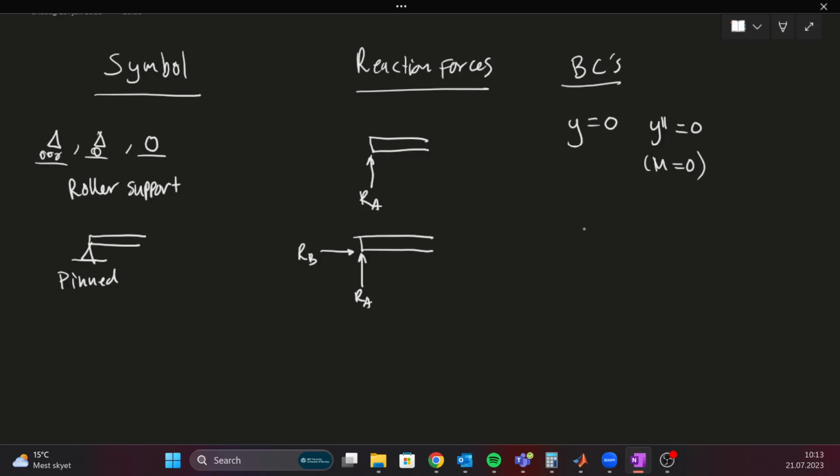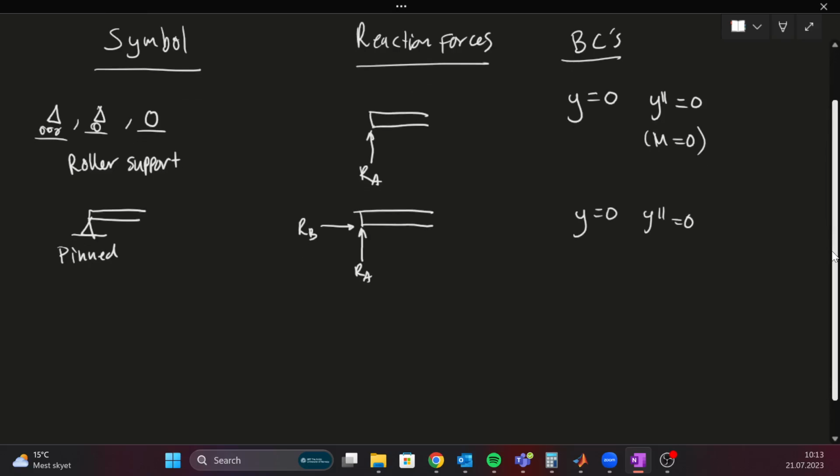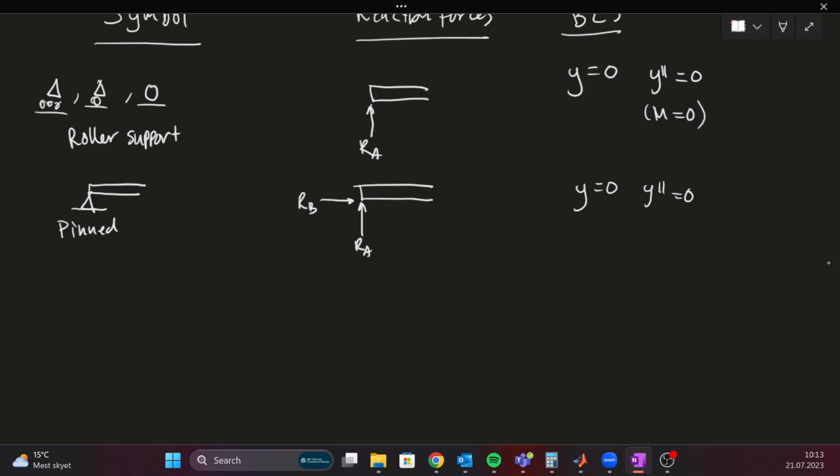And the boundary conditions for this case are just that y equals 0 and y double prime equals 0. It's the same as the other one.